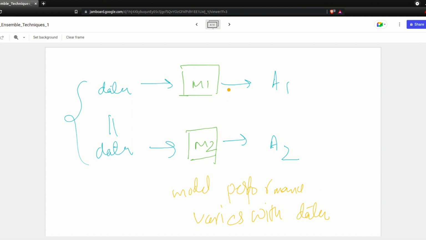So it is not possible for a single model to learn all the features and perform well. It is not possible that you have F1, F2, F3 and so on up to Fn, and a single model will be able to perform well on all these features.